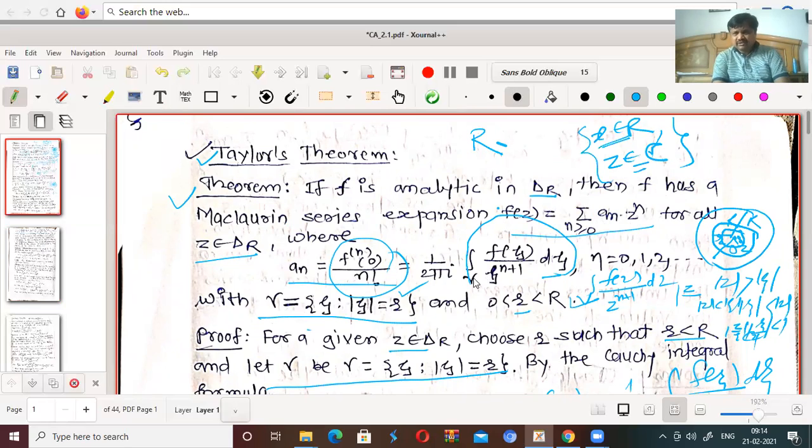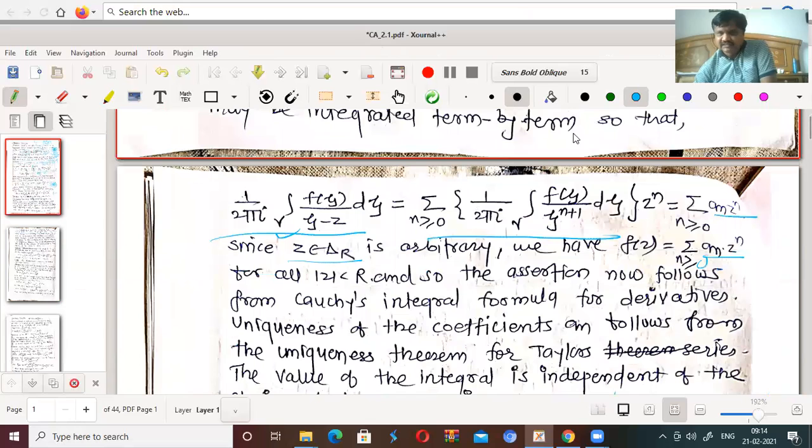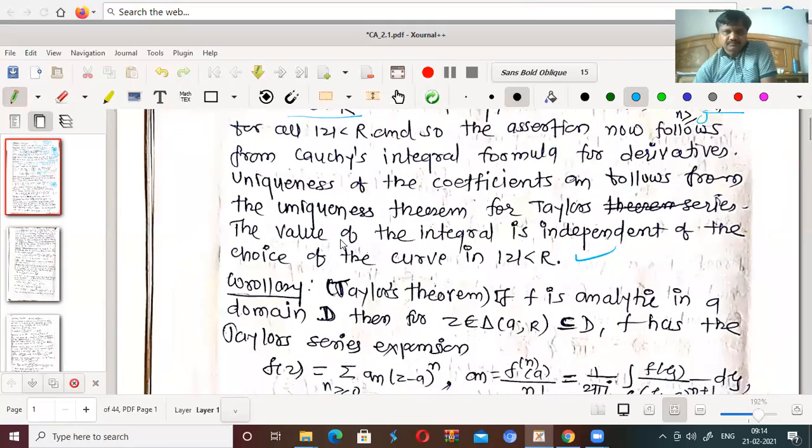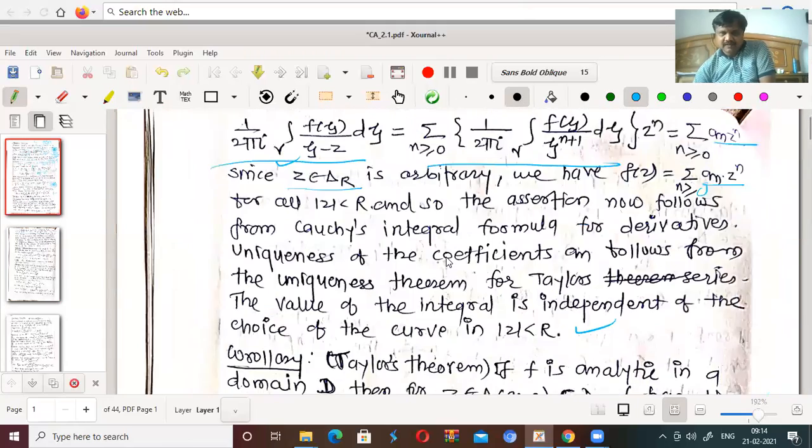Here we have calculated a n by using this because this coefficient we have taken into z raised to n, and therefore a n is this one. Summation of this term into z raised to n, therefore this should be your a n and also equal to this one. This is called the Maclaurin series, okay.